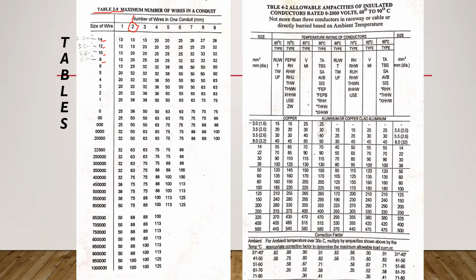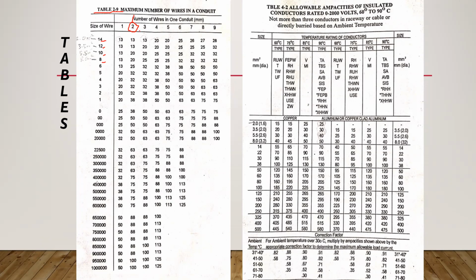Pero since yung ating gina-consider dito sa ating family dwelling unit is just simple wiring system. So dito na tayo mag-focus sa number 2 pieces of wires per conduit.